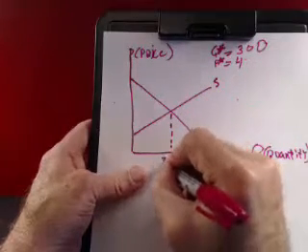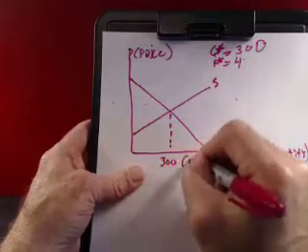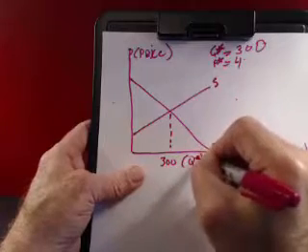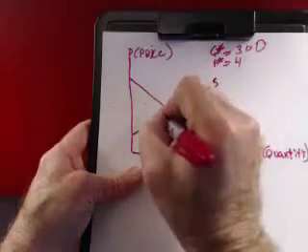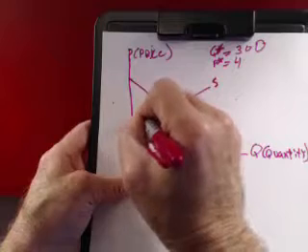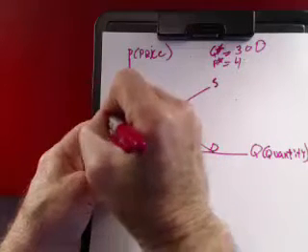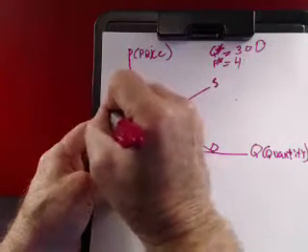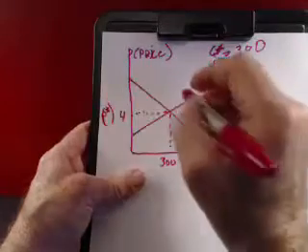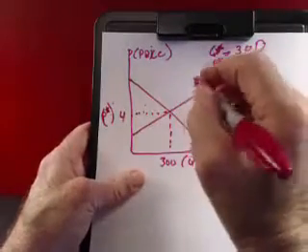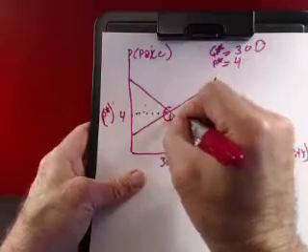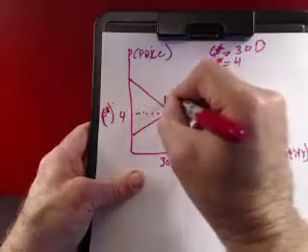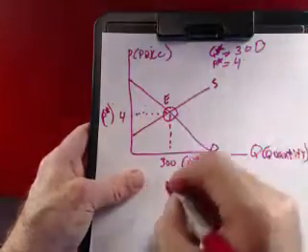So 300 Q star, and this is not to scale, 4 P star. All right, so here is our equilibrium.